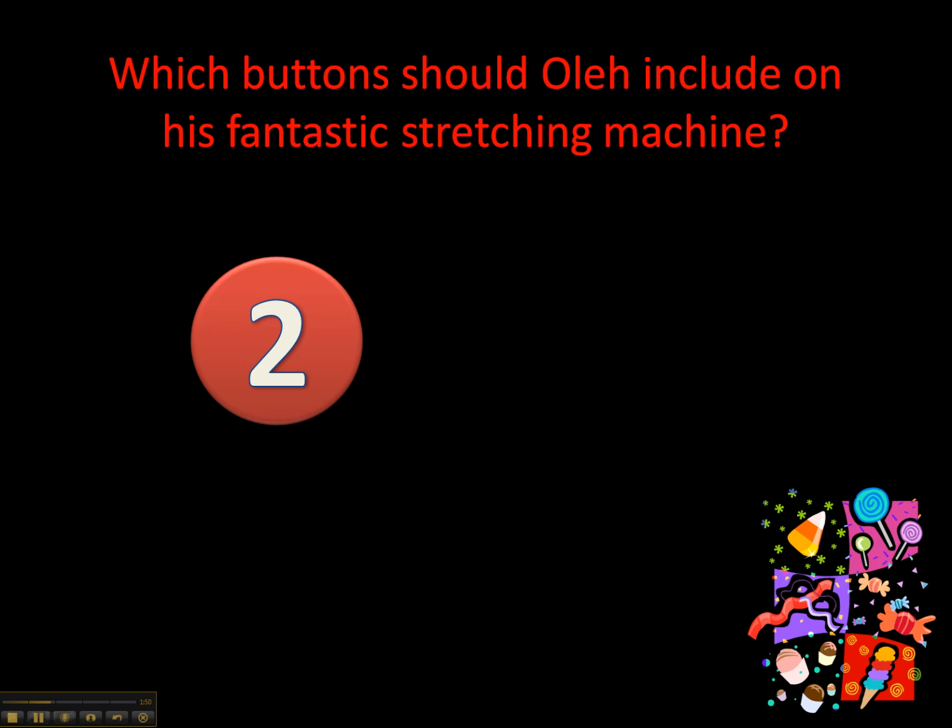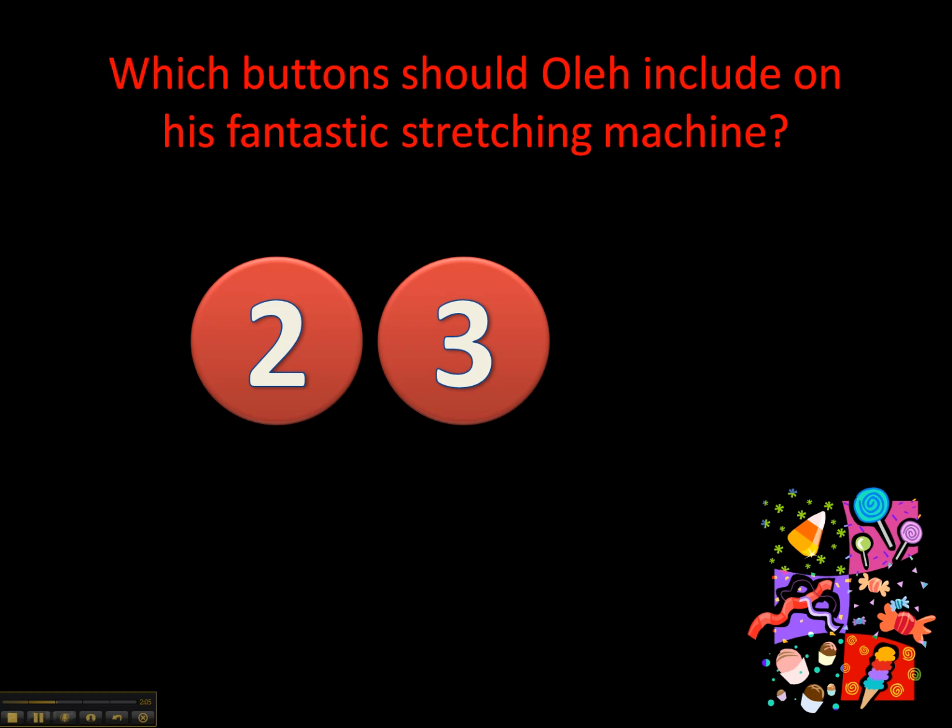So for instance, if he puts the licorice in the machine and he presses the number 2, then that stretches the licorice 2 times its original length. But if he puts the licorice in the machine and then presses 2, then 3, it stretches it 2 times 3. Okay, so 2 times 3 is 6, so it ends up being 6 times the length.